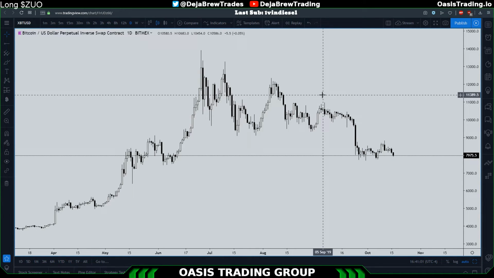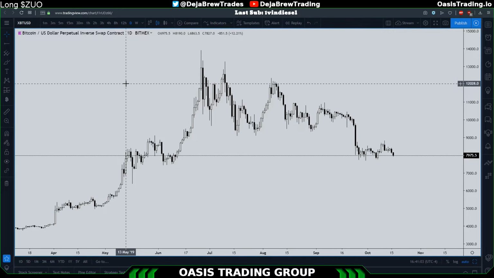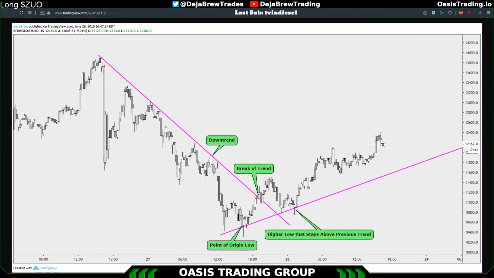I think I have a screenshot of this. Let me check my screenshots. Yeah, here we go. So if you see that first pullback into your trend shift or out of your trend shift, that could give you a very good trading opportunity.